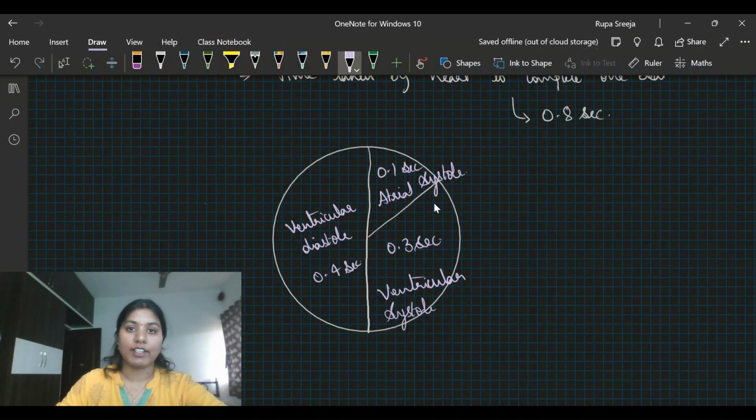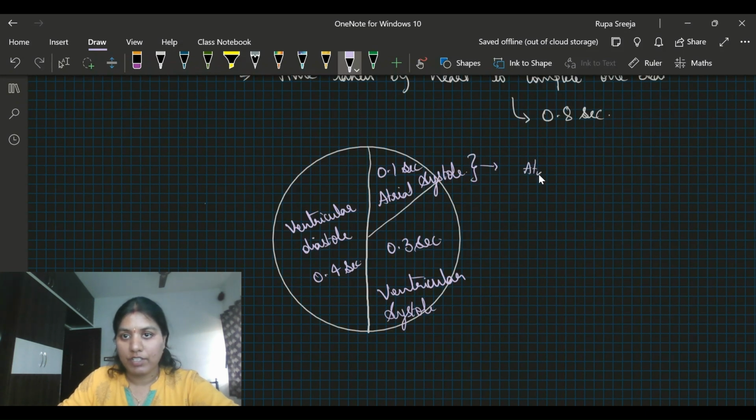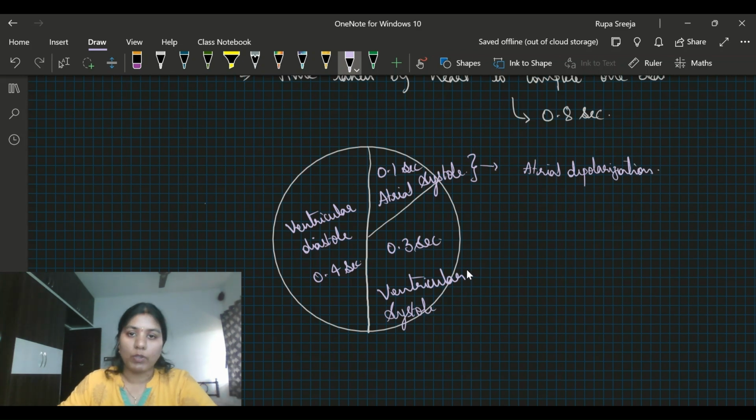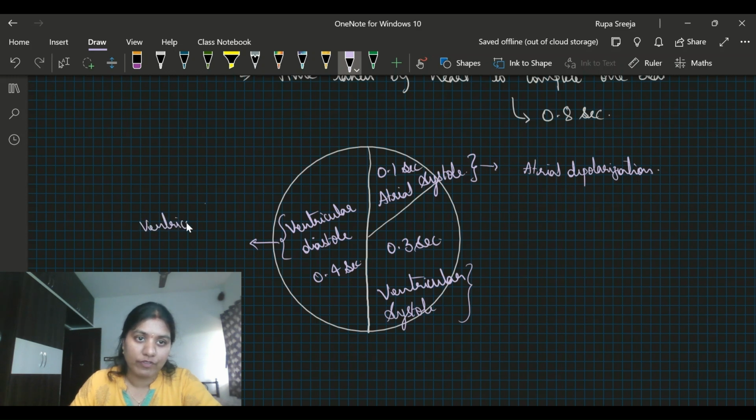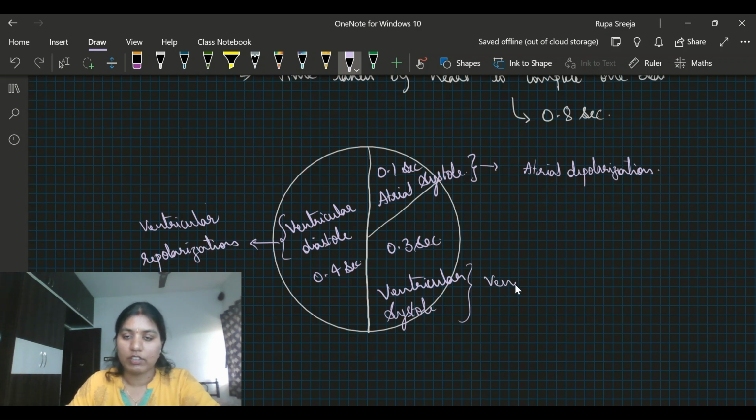Coming back to the cardiac cycle, atrial systole means atrial depolarization, and ventricular systole means ventricular depolarization, and ventricular diastole means ventricular repolarization.